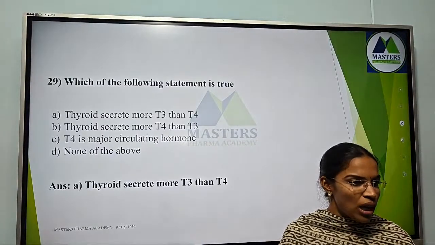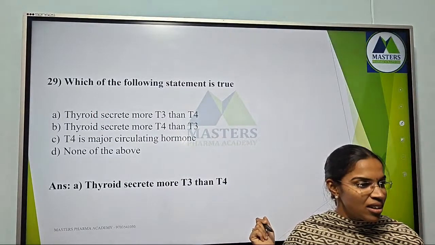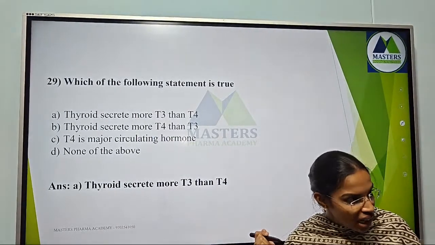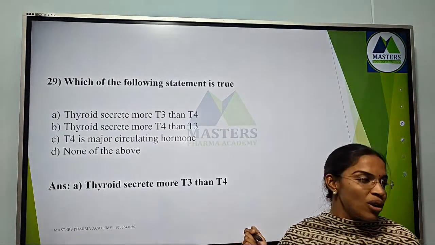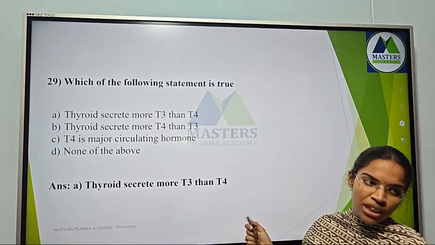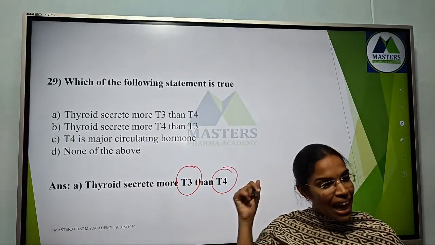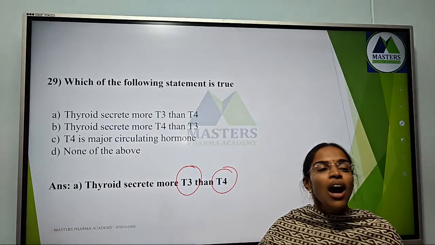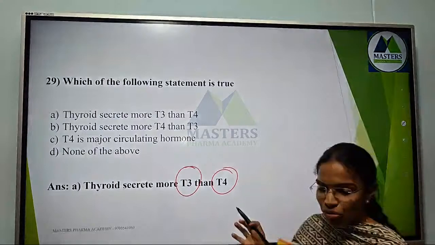As we all know, T4 is tetraiodothyronine. T3 is triiodothyronine. Thyroid produces these two hormones, T3 and T4.